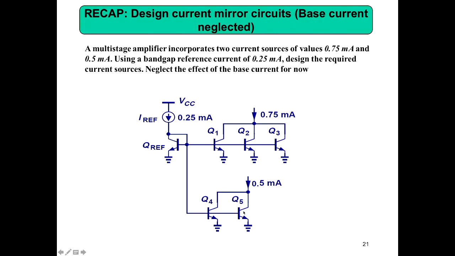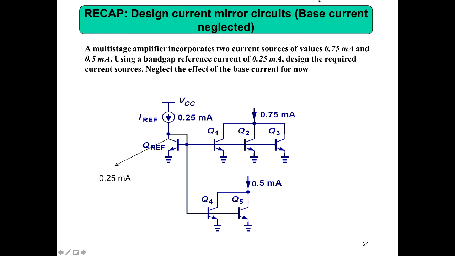But in all these cases we have neglected the base current. As I said before, actually 0.25 milliamps is coming here, and your collector current coming down is a little bit lower than 0.25 milliamps, because some current will flow through this one, and then that will go for biasing these transistors.